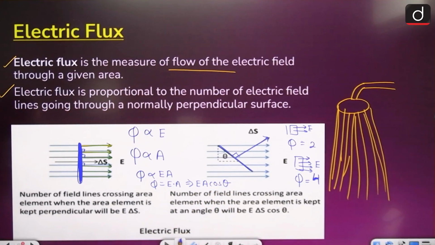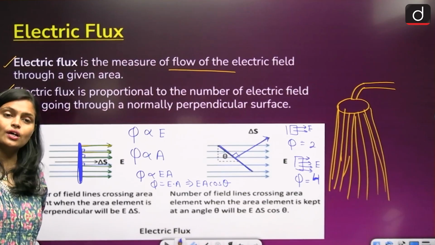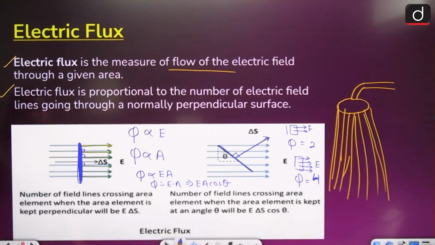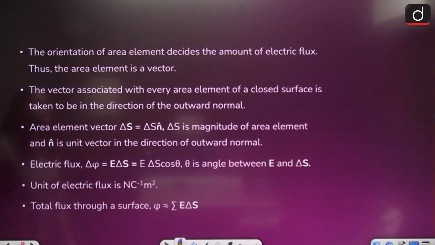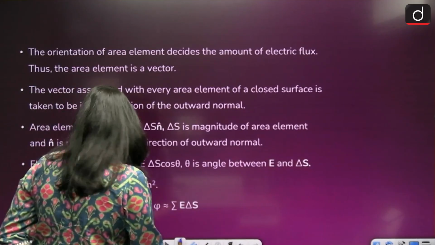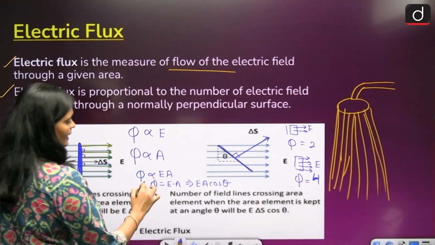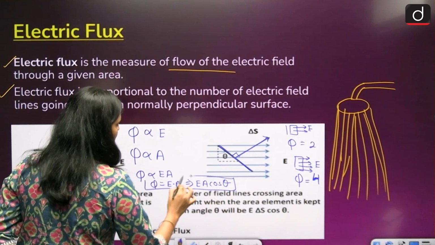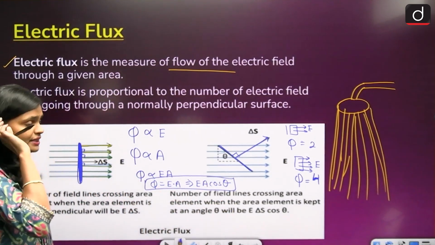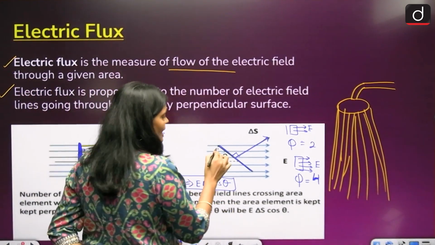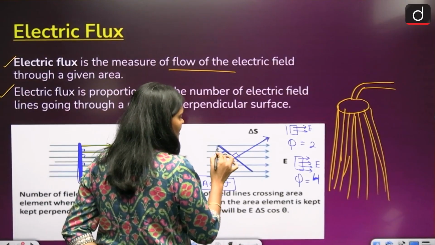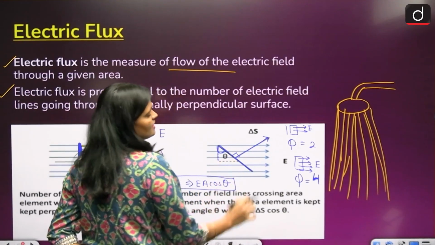What you can write down? E A cos theta. Okay. So this will be the formula of electric flux. Please remember E A cos theta. Now what is theta? Theta is the angle between the electric field line and the surface, right?